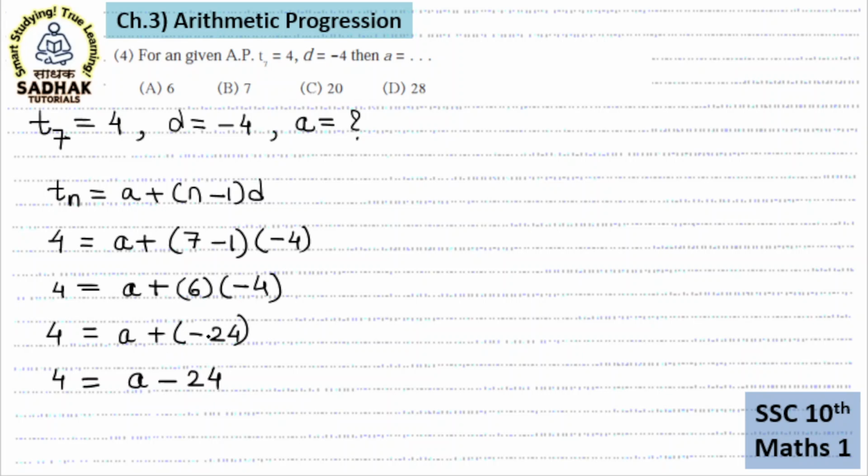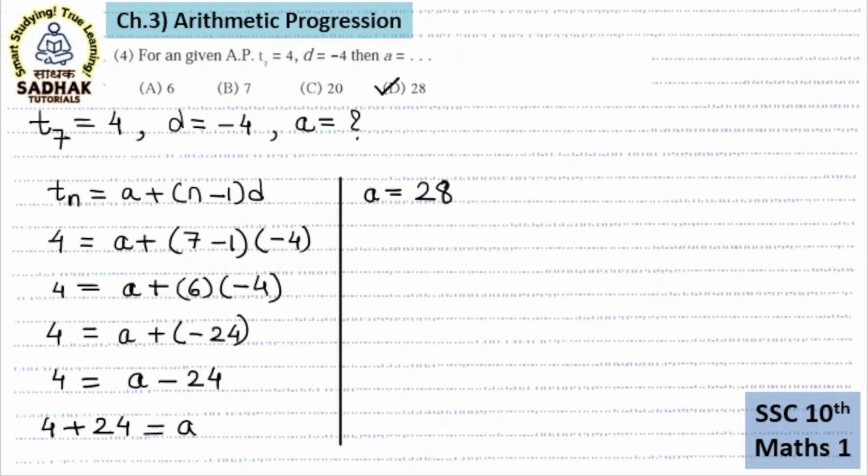Plus minus becomes minus. So this minus 24 we can take on the left hand side. So it will become 4 plus, the sign of minus 24 will change and become plus 24, is equal to A. Therefore, what will be the value of A now? A will be 4 plus 24, that is 28. So the correct answer will be option D.